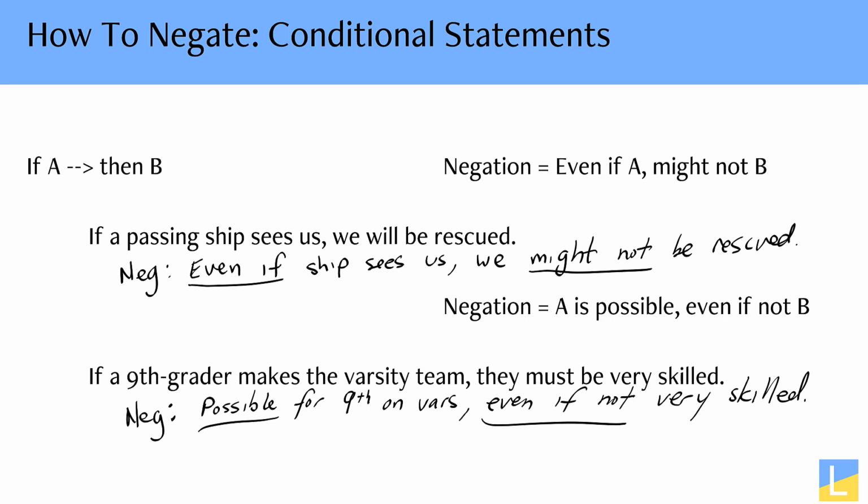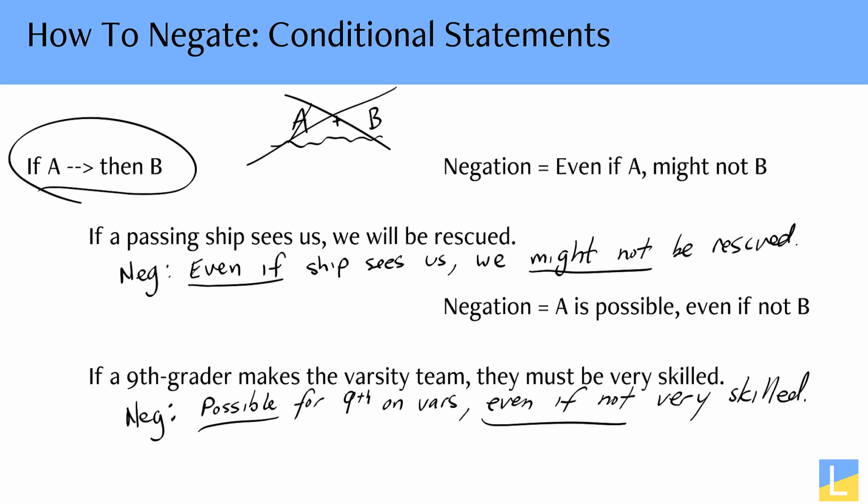You do not negate a conditional statement by saying that B is possible even if you don't have A. This situation right here, which is a way of symbolizing that B is possible even though you don't have A, that is not a contradiction of this conditional statement, because the initial statement wasn't saying that B always guarantees A. The negation is always going to be this: A is possible even though you don't have B.